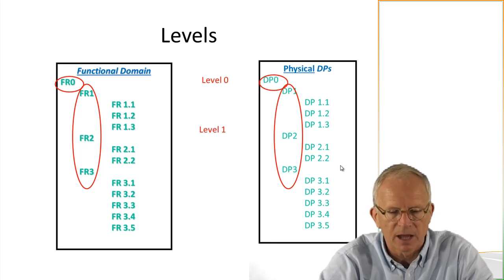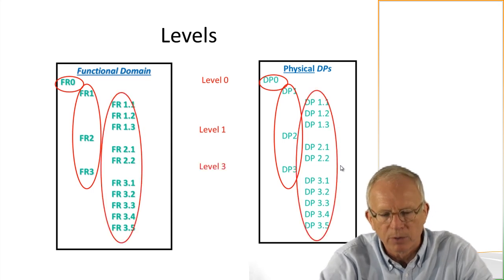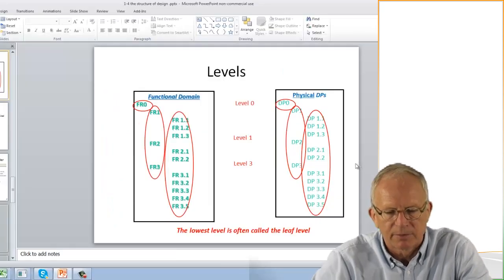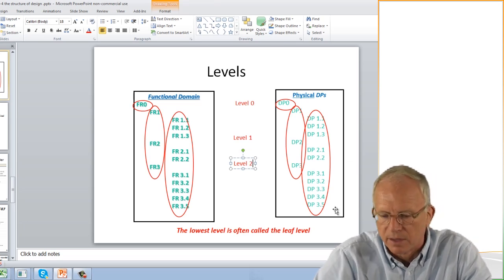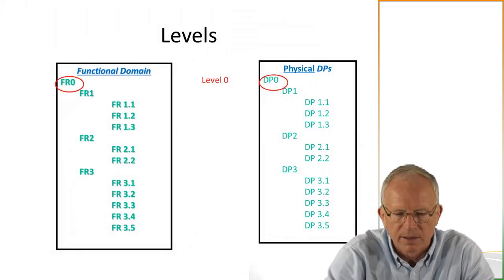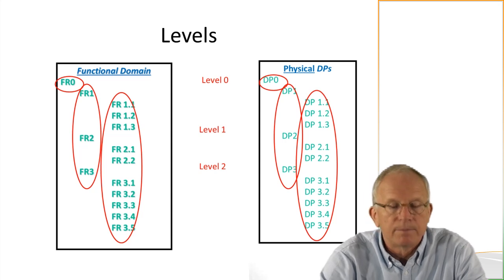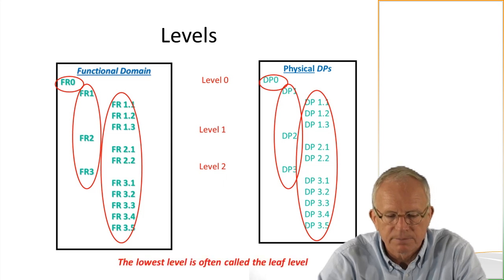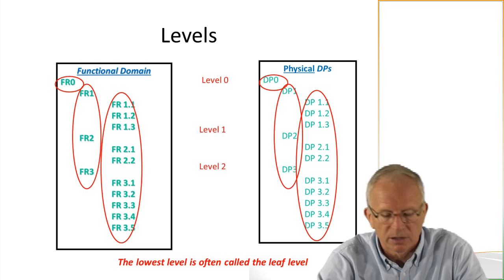And that's the highest level below the 0 level. And then there's level 3, which I have misnumbered there. That should be level 2, and those would be the children of level 1. So level 0, level 1, level 2 indicated here. So the lowest level, when you get to it, is often called the leaf level.